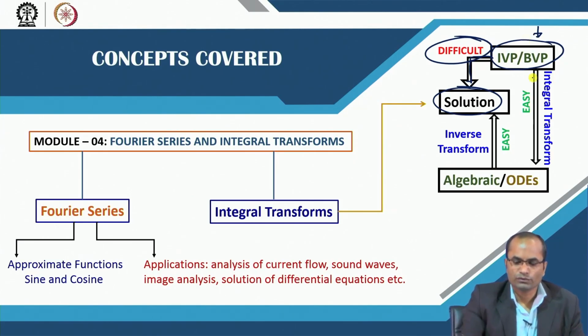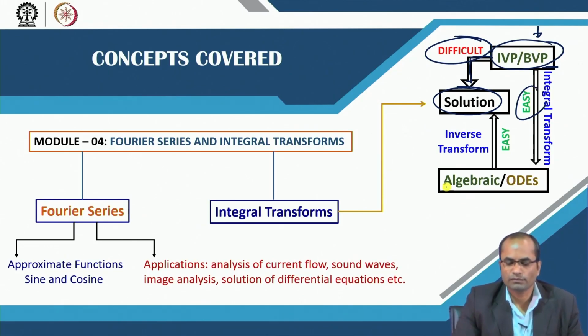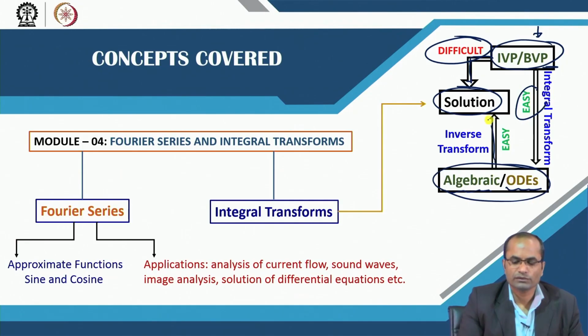What we usually do is apply the integral transform to the initial value or boundary value problem, which is normally easy, and it converts the problem to a simple one, either an algebraic problem or, for partial differential equations, ordinary differential equations. In either case both are easy to solve, and then we apply the inverse transform to get the solution again.